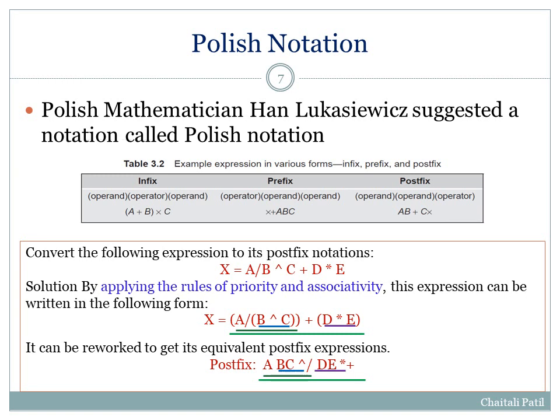The first operand, step by step, we have converted as a b c raised to divided by. The second operand we have converted as d e multiplication, and now this plus operator will be added at the last. So here this infix expression is converted into a postfix expression.